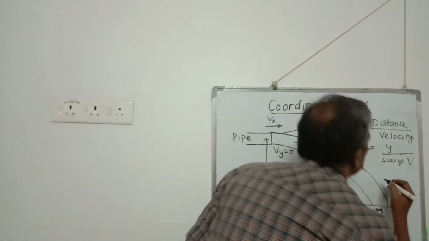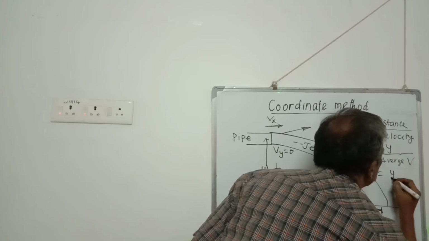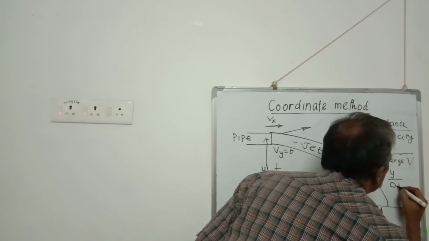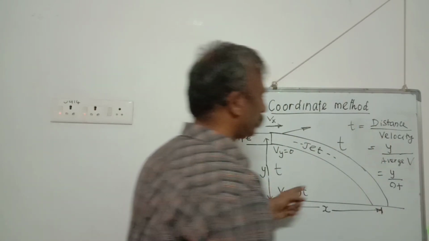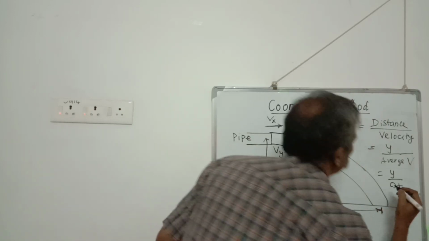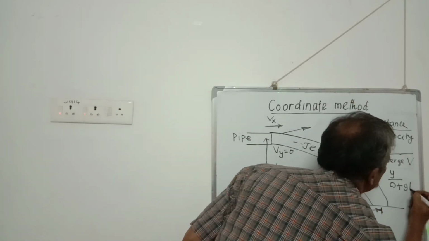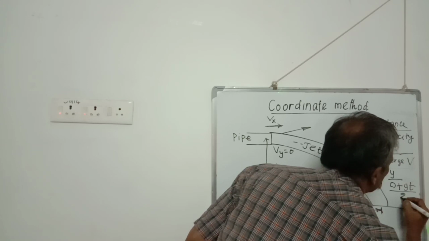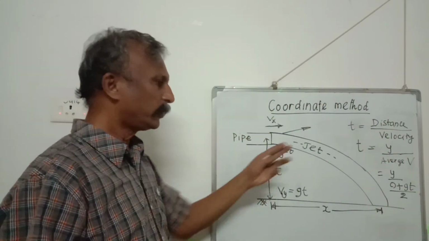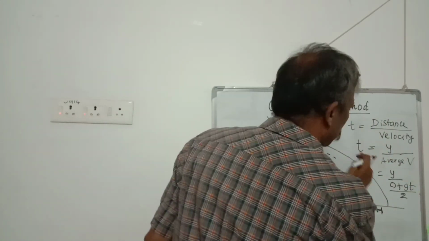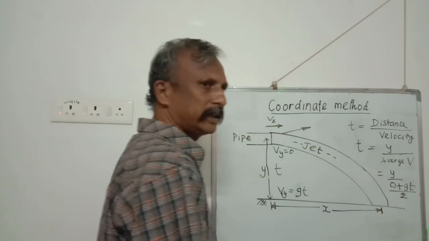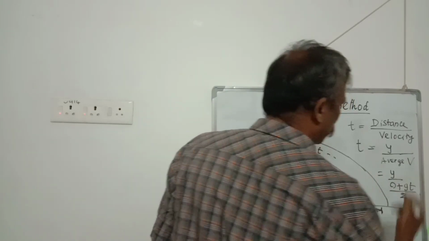So y is equal to the average velocity, 0 plus Vy by 2, that is gt divided by 2, multiplied by t. So we get t is equal to y divided by (0 plus gt) divided by 2.